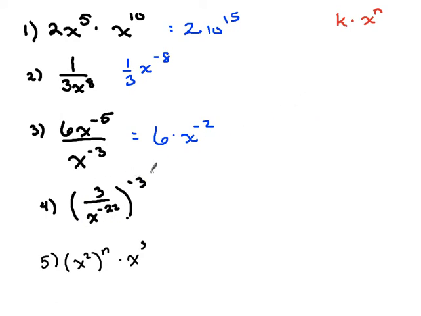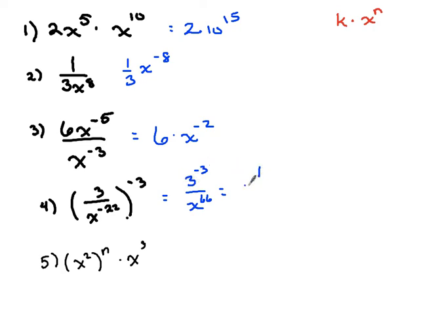Here we have everything raised to a power. So what happens first when we do this, right, we could say 3 to the negative 3rd power, and then negative 22 times negative 3. And that's going to give us x to the 66th power. Now, if I want to, I can move that to the denominator.